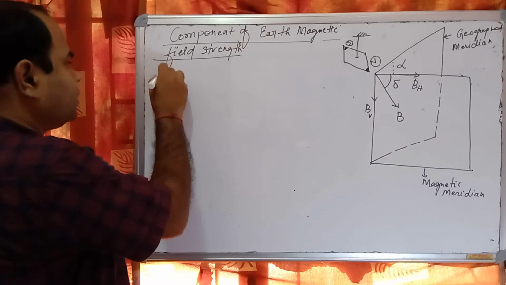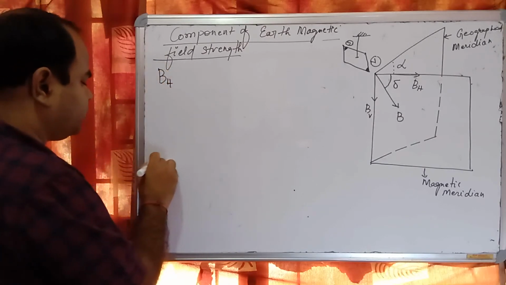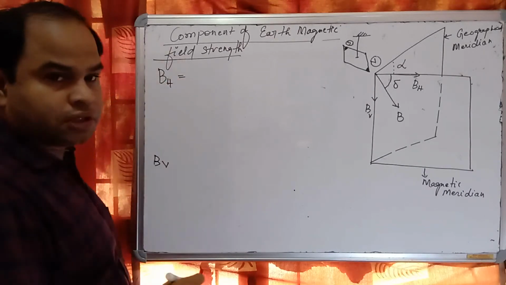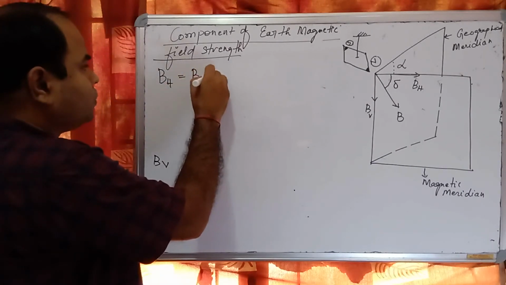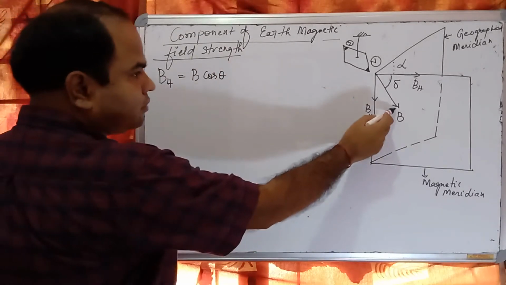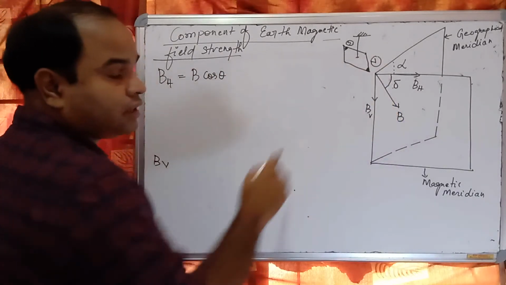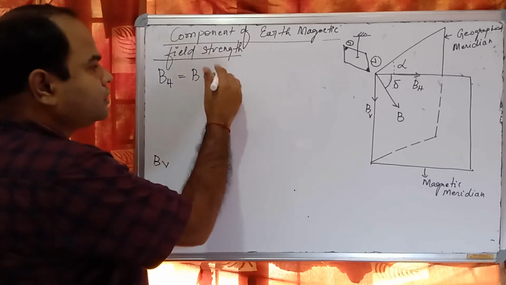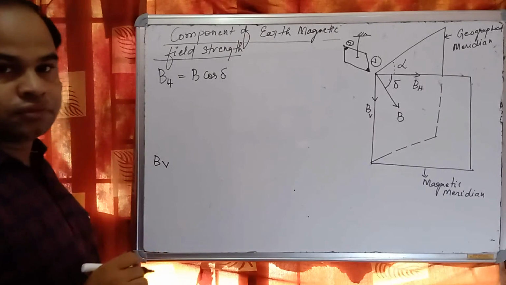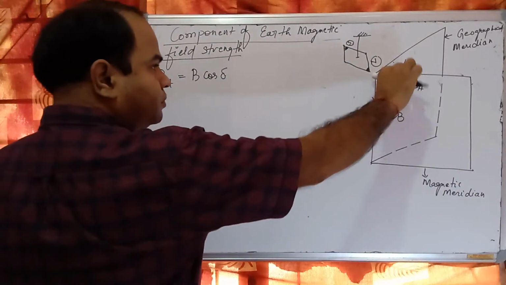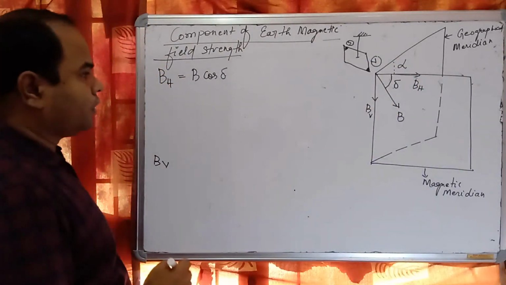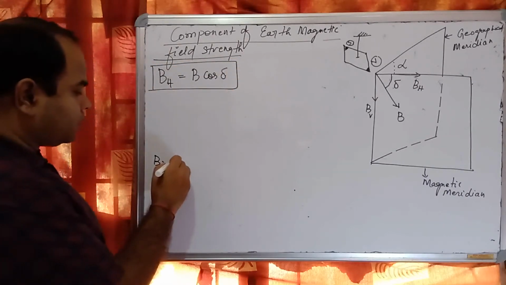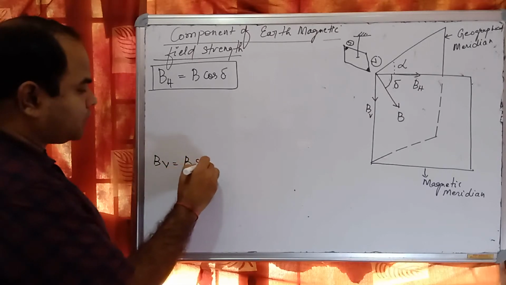What will the horizontal component be? Since the angle is delta, BH is B cos delta. This is the horizontal component. The vertical component is B sin delta.